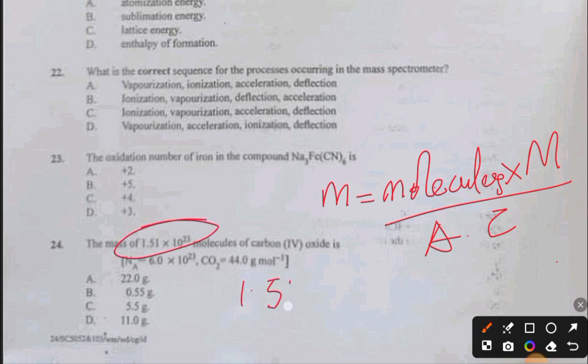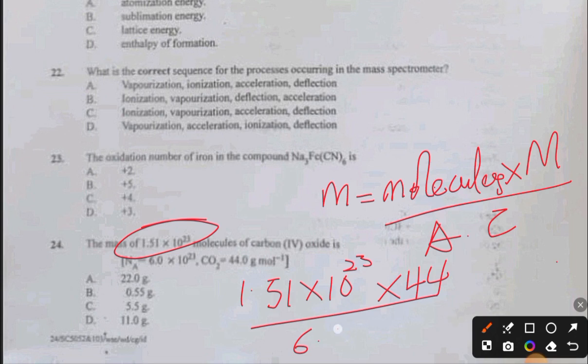So 1.51 times 10 exponent 23 multiplied by 44 gram per mole, which is the molar mass of the carbon dioxide, over the Avogadro's constant, which is 6.02 times 10 exponent 23. And your calculation right, you're going to have D, 11.0 grams.